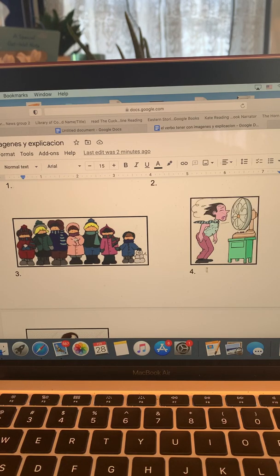So you're gonna say, look at it. I see only one person, so you can use any singular pronoun. Write the conjugated verb that belongs to such individual or singular pronoun, and then what you see. He is hot, obviously, right?